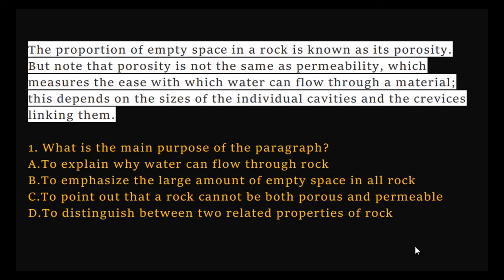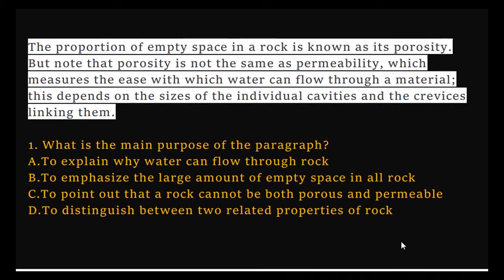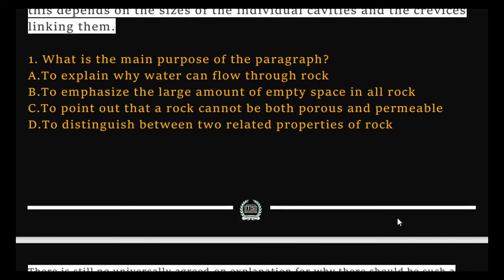But note that porosity is not the same as permeability, which measures the ease with which water can flow through a material. So the author is trying to help us not to get confused between these 2 terminologies, porosity and permeability. It feels like he's trying to tell us don't get confused between these 2 things. He wants us to distinguish. That's why D is the correct answer.